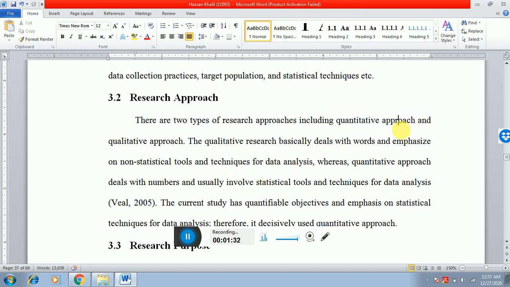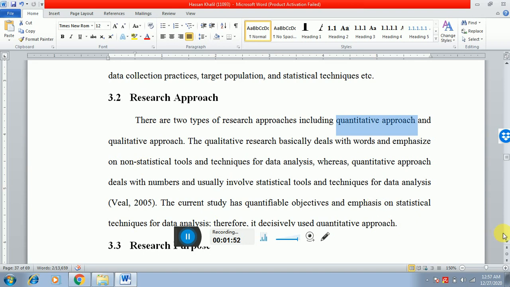So just to give you a basic idea, qualitative approach is those approaches in which you gather the data with the help of the interviews. And now in your research you collect the data with the help of the Likert scale questionnaire, and that is quantifiable. So your research approach is quantitative approach.